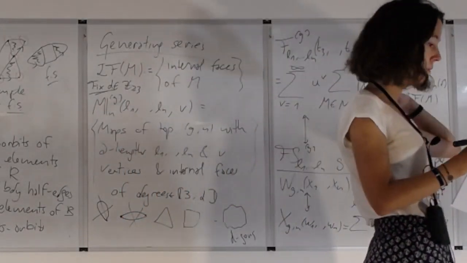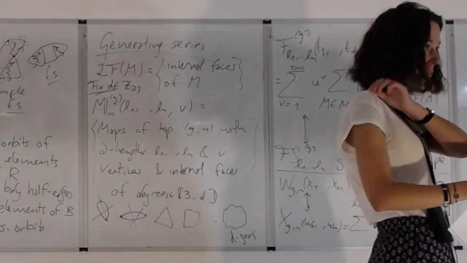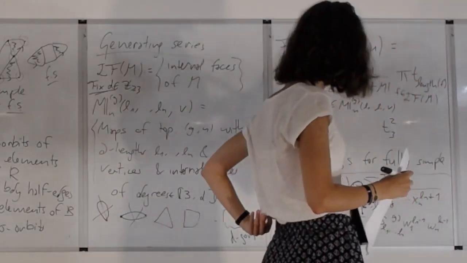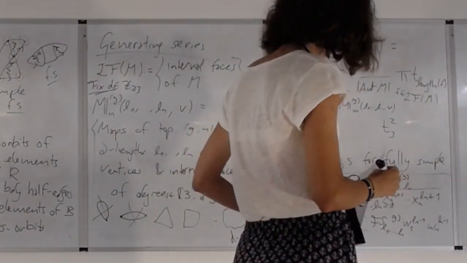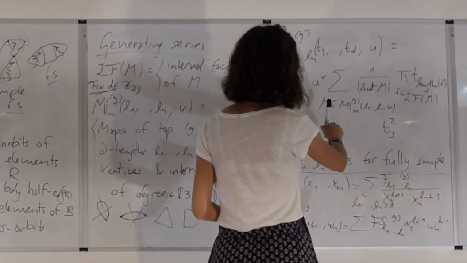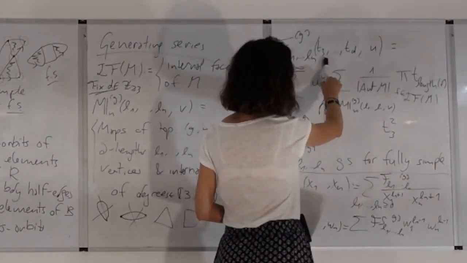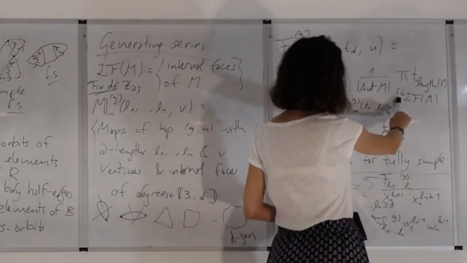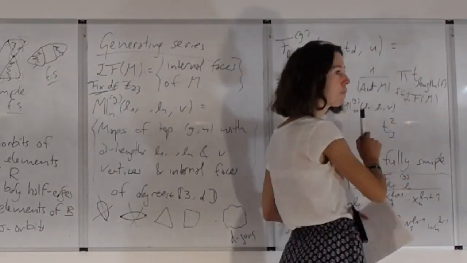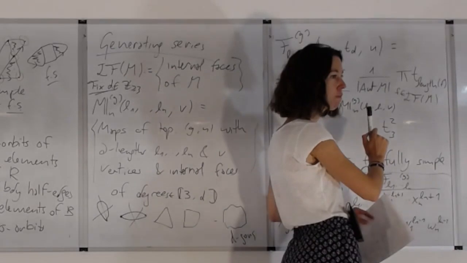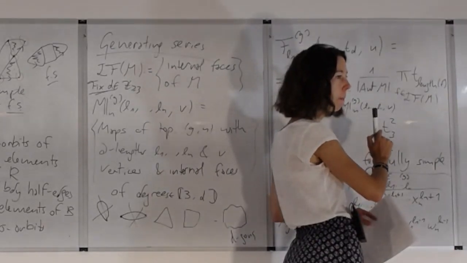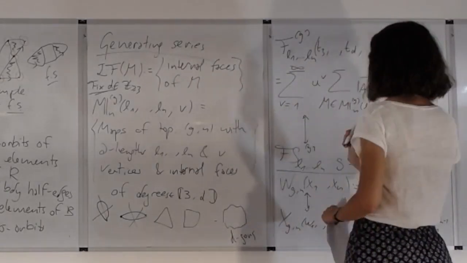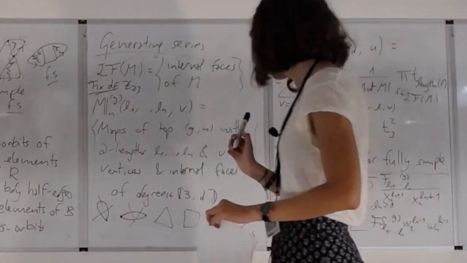Could I ask? I don't see why it's obvious that the lengths of the faces won't exceed d. So in the top formula you have variables t_3 up to t_d, right? Yes. And then you say that you're taking t subscript length of the faces. I don't see why the degrees of the vertices constrain the length of your faces. I can take a polygon with arbitrary length and vertices of degree.